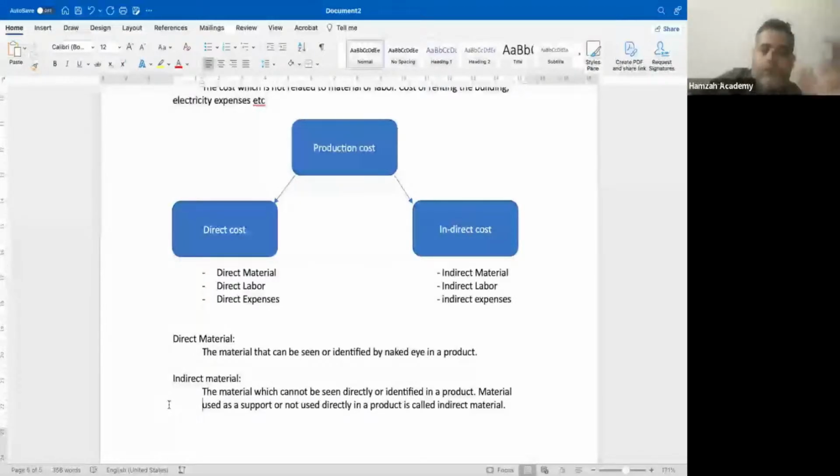Now, listen carefully. You saw the cloth there. If you are sitting on a chair, just have a glance at it and try to identify the material: the cloth, the foam that is in there. Similarly, the iron frame, the tires, right?